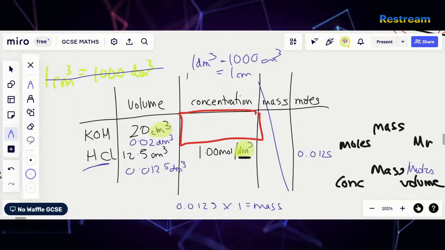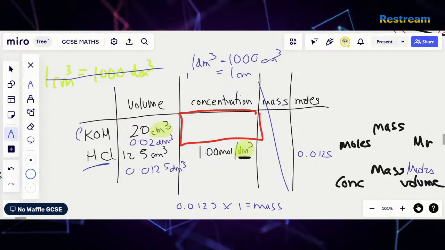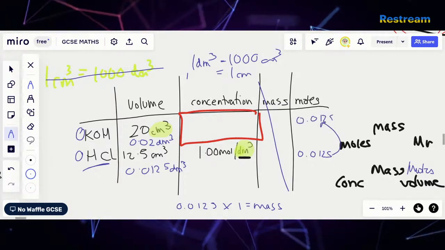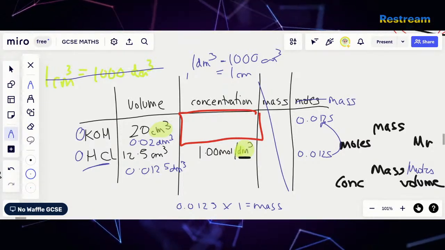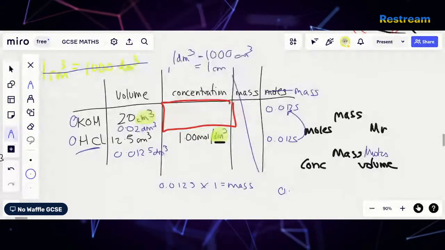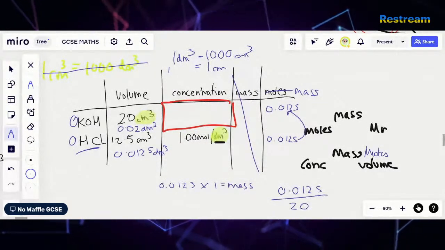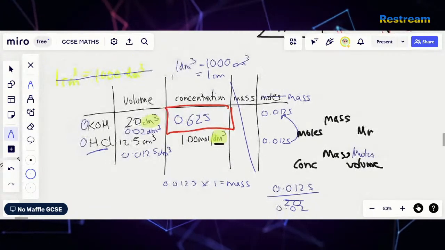When we're looking at hydrochloric acid, we know that in the reaction they're the same, they have 1 mole each. So we put 0.0125 for potassium hydroxide too. We now know the moles and the volume. Do moles over volume, 0.0125 divided by 0.02, remember to convert it, and you get 0.625 moles per decimeter cubed. That's how you would answer it.